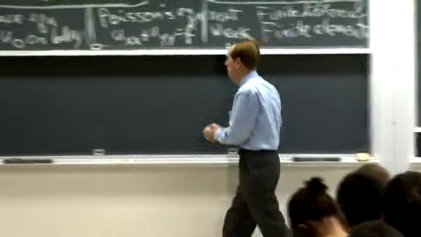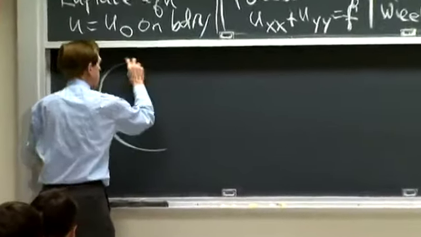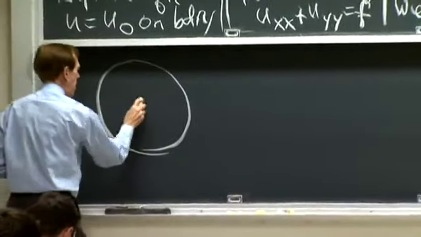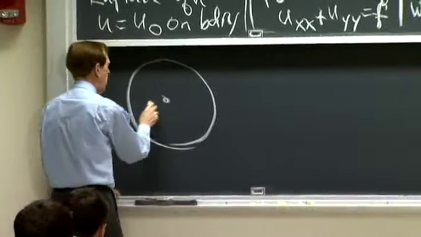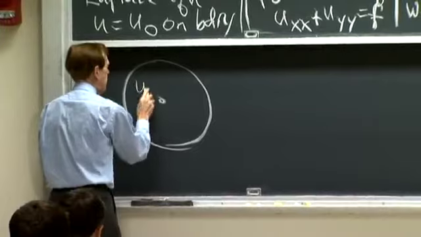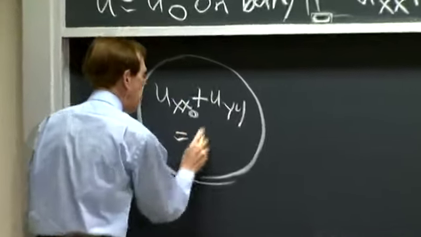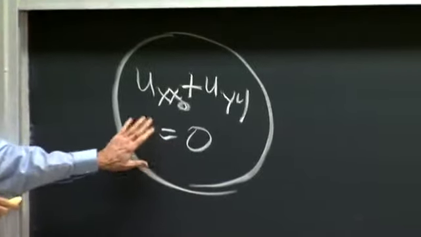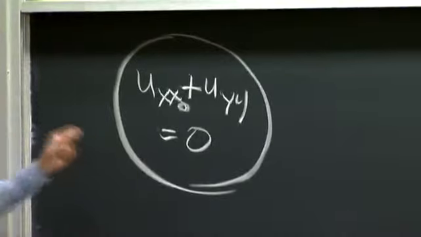Okay. So here's my circle. Might as well make it the unit circle, radius 1. And inside here is Laplace: u_xx plus u_yy equals 0. No sources inside.